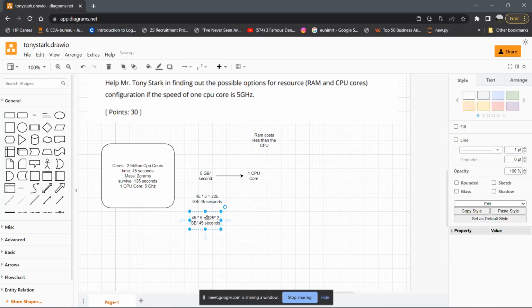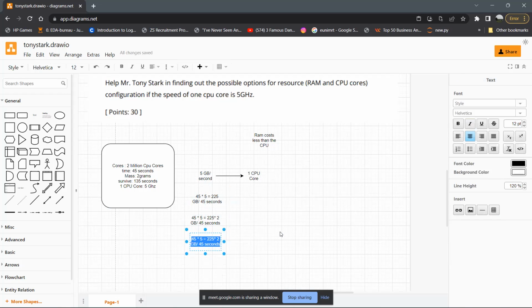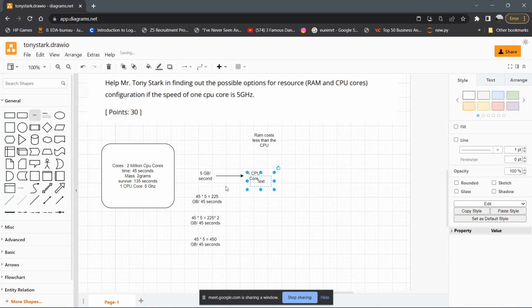So 450 GB for 45 seconds can transfer 4 grams.